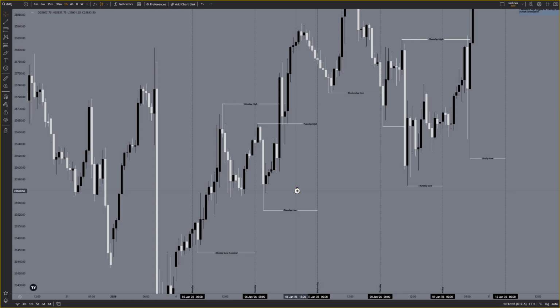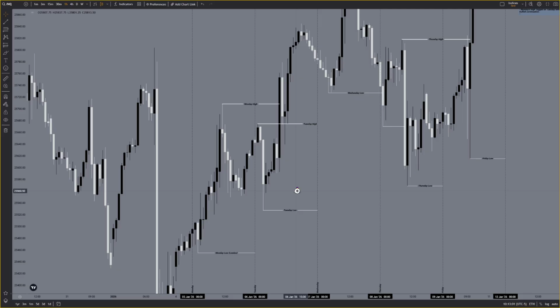So moral of the story, if the London session, between the time frame of about 2 to 5, this window of time is setting the high or the low of the day, relative to the trend's direction.